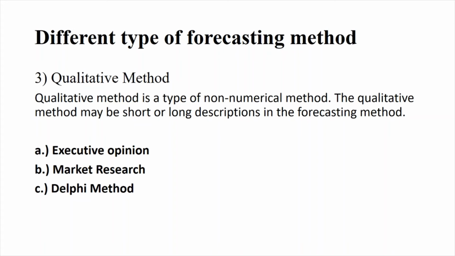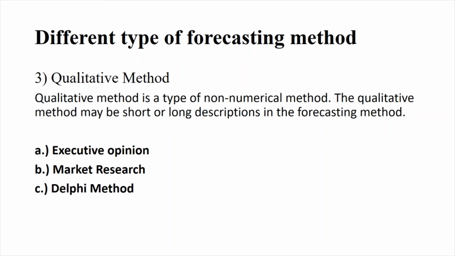In this method, a group of heads and forecasting managers meet for a forecasting discussion. Every person gives their opinion about the best forecast. But one weakness may happen: one person's opinion can affect the forecast.